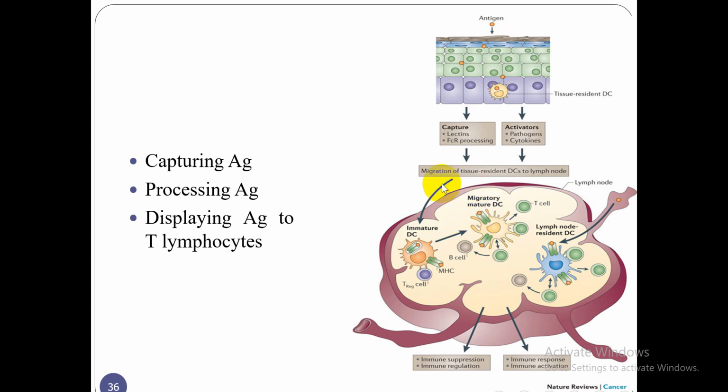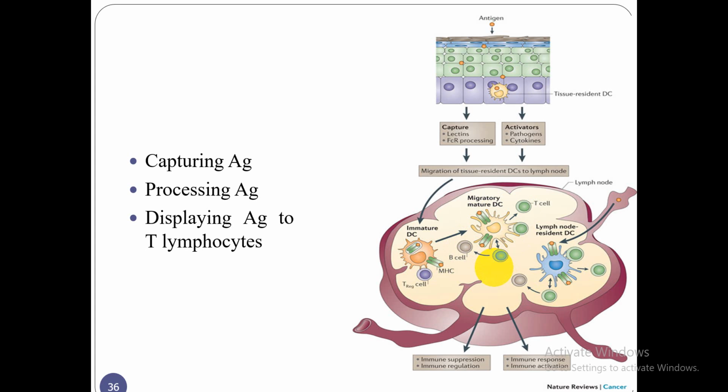and in the lymph node during this process the dendritic cell becomes activated and can process the protein antigen. And here in the lymph node, as you see, the dendritic cell can present the antigen in the form of peptides to T cells and initiate activation of T cell adaptive immune responses.